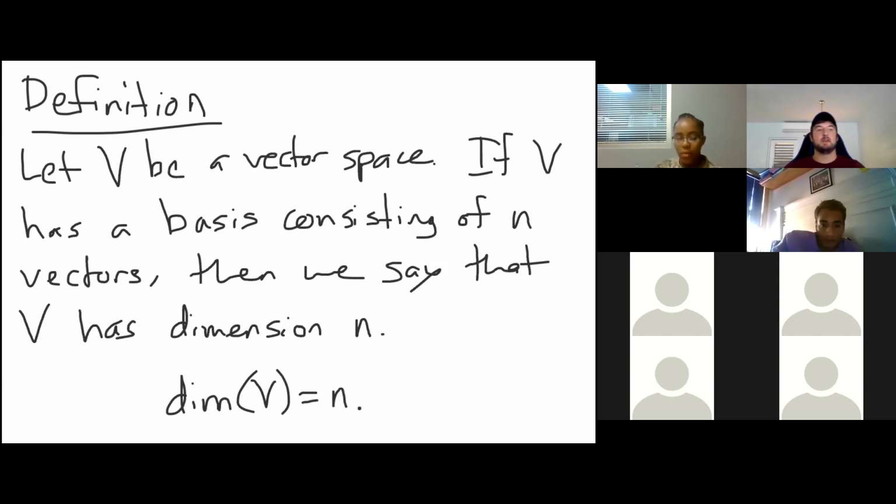So dimension is just saying, once you find a basis, how many of those vectors are in that basis, and that number is your dimension. All right, so we've already done some examples. I'm going to give you all just a couple more seconds to finish writing down that definition. Also gives me a second to sip my tea.